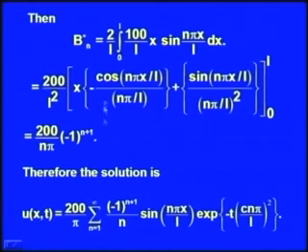So, let us substitute those values of b n star in this infinite series. For u, we get u x t equal to 200 over pi sigma n equal to 1 to infinity minus 1 to the power n plus 1 over n into sin n pi x over L into exponential minus t c n pi over L whole square.